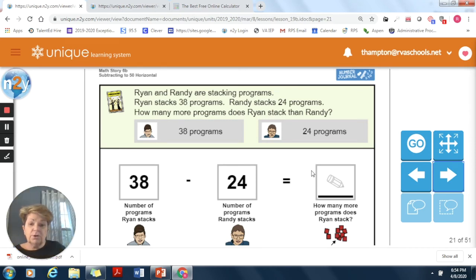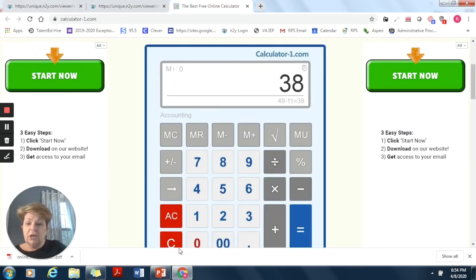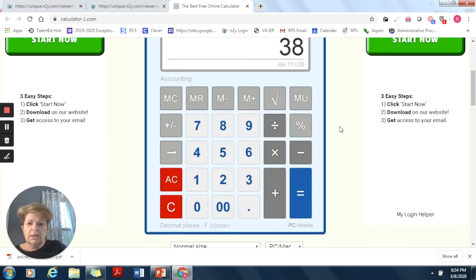Now let's check our work. We'll go to our calculator and we're going to hit clear because our other answer is there, and it's the C that always clears out our calculator. So let's get rid of that. And let's look again at what our math problem is so we enter it properly. So we know that we need 38. And then where is my minus on here?